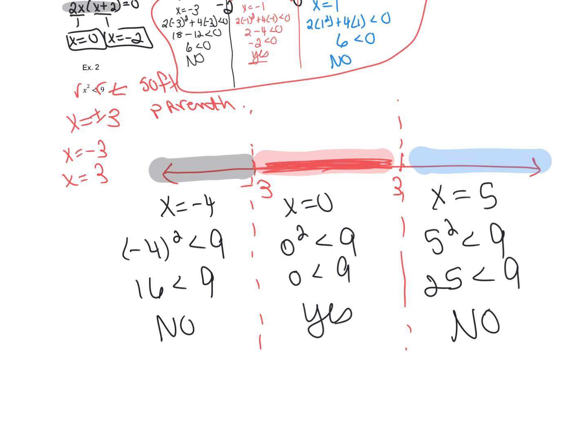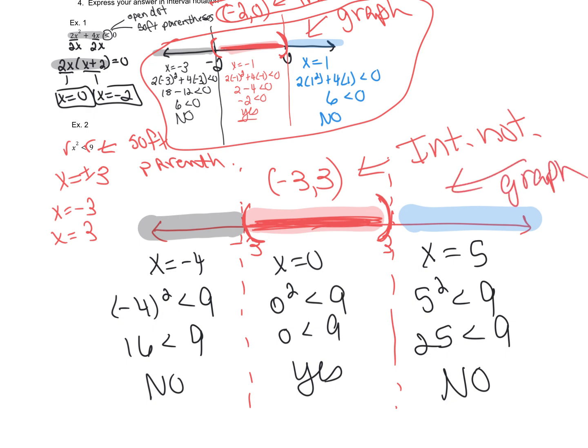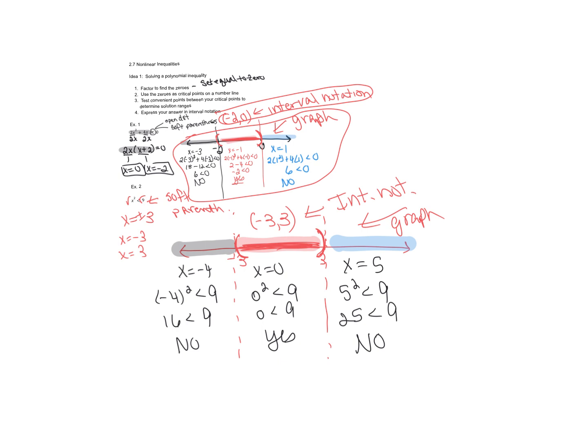And since we have that less than sign on the graph, we would have soft parentheses, and our solution in interval notation is going to go from -3 to +3. So there is our interval notation. And this part down here is our graph with our work that we use to figure out the answers.